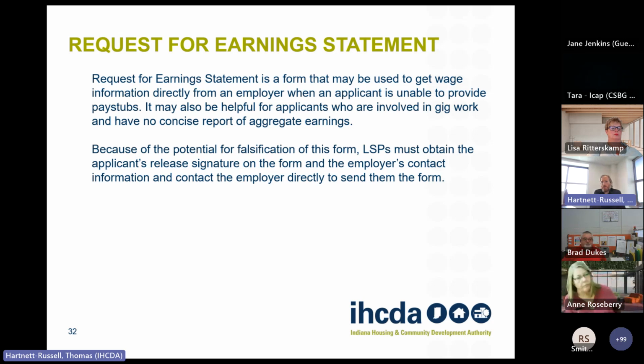But even so, if you make the applicant provide that to the employer and get it back, I would strongly advise that you also follow up with the employer using the contact information provided on the request for earnings statement form, and just verbally confirm that they are an authorized representative and that the information provided is correct.